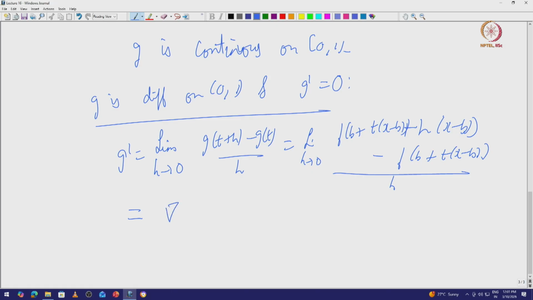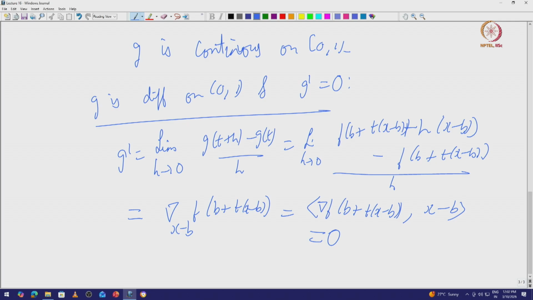This is simply, by definition, the directional derivative at this point, which is 0. Why is it 0? Because we've assumed the gradient is 0, which means what? The derivative is 0. So it's continuous on a closed interval, differentiable on an open interval, and the derivative is 0.